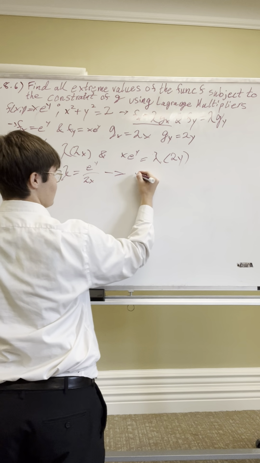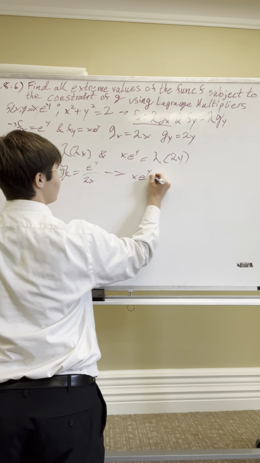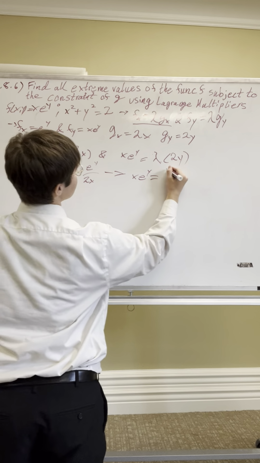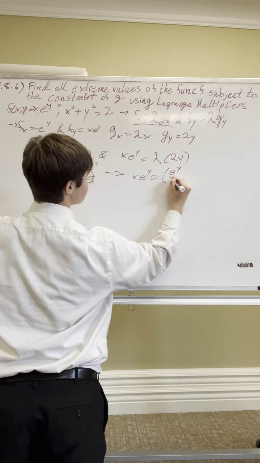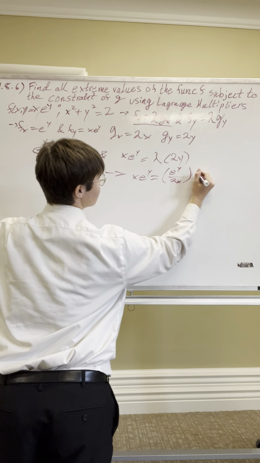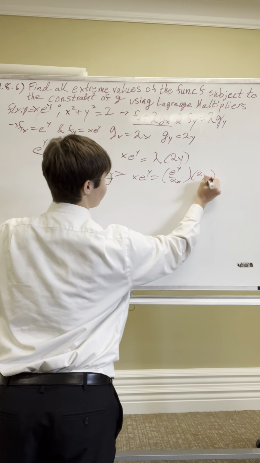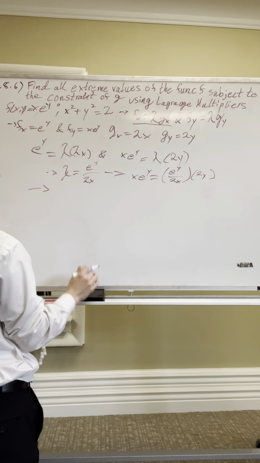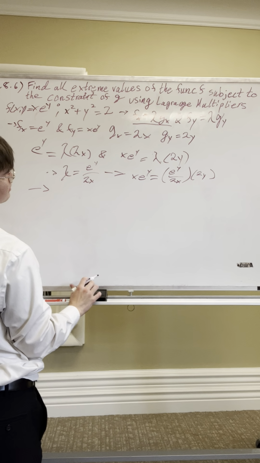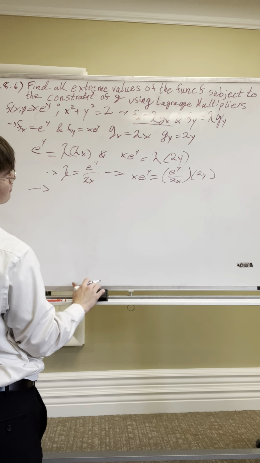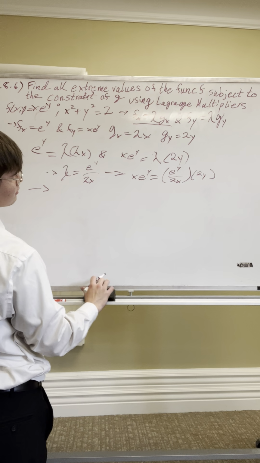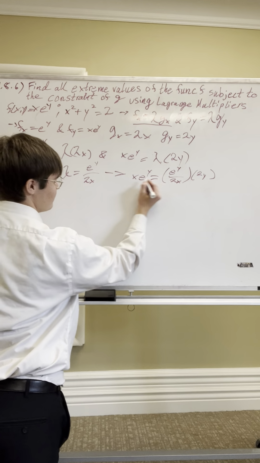We'll go ahead and say that x e to the y equals e to the y over 2x, times 2y. Now after doing some math, we could divide these over, right?